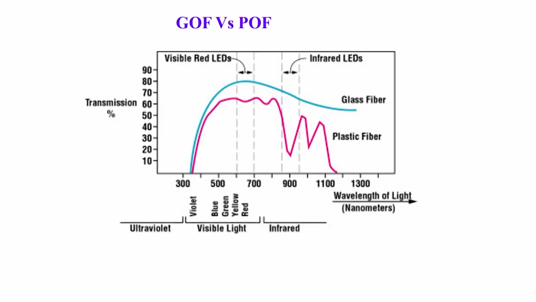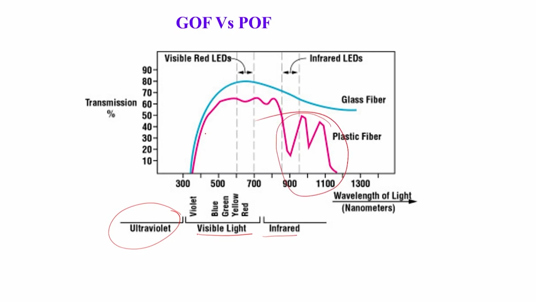So, if I try to compare between a GOF system, the glass optical fiber, and a plastic optical fiber, we can see that first of all, optical fibers are not good in the ultraviolet range. In the visible light range, yes, they are good, and in the infrared range also they work, but for the plastic fiber, the performance decreases in this region.